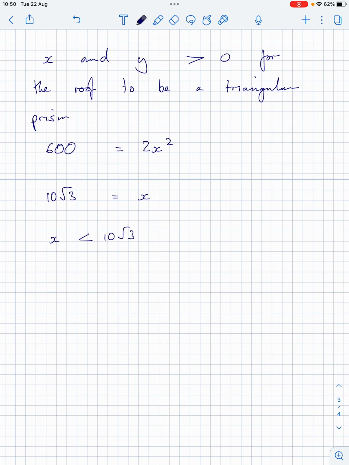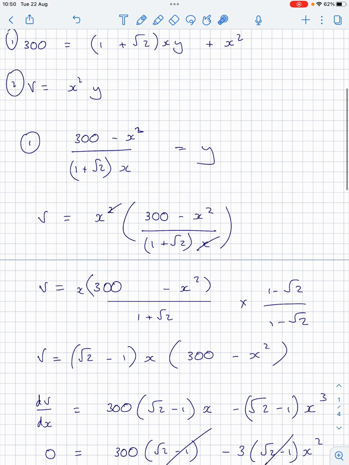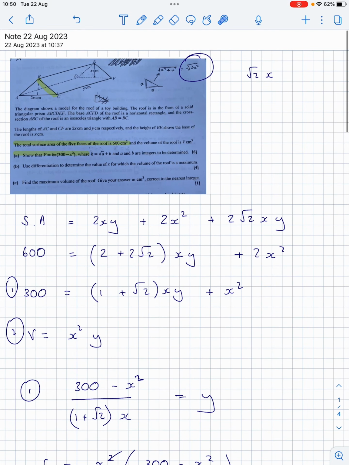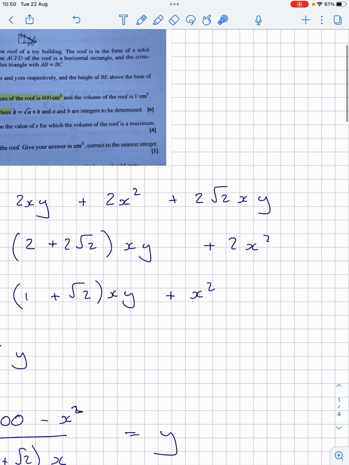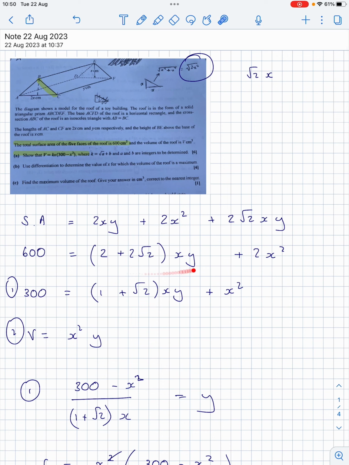If it's just a little bit less, we'll still have some small width of y. But if it is equal to that value, we'll have y having to be equal to 0, because it will cancel out this term in your surface area formula. Okay? So yeah, that last bit's quite tricky.